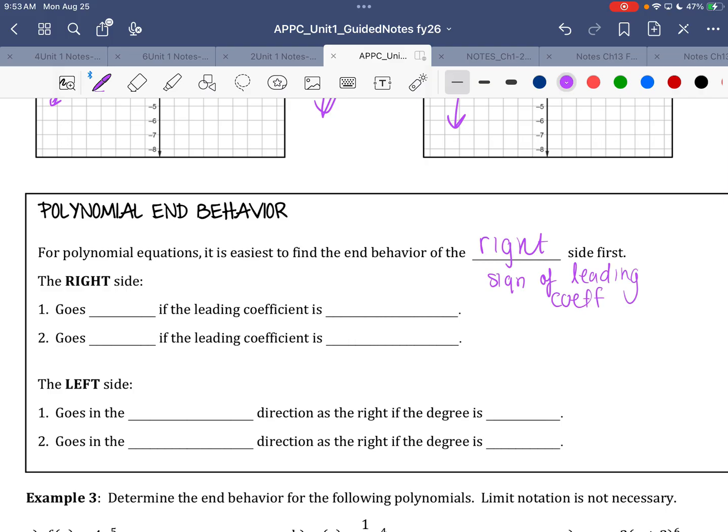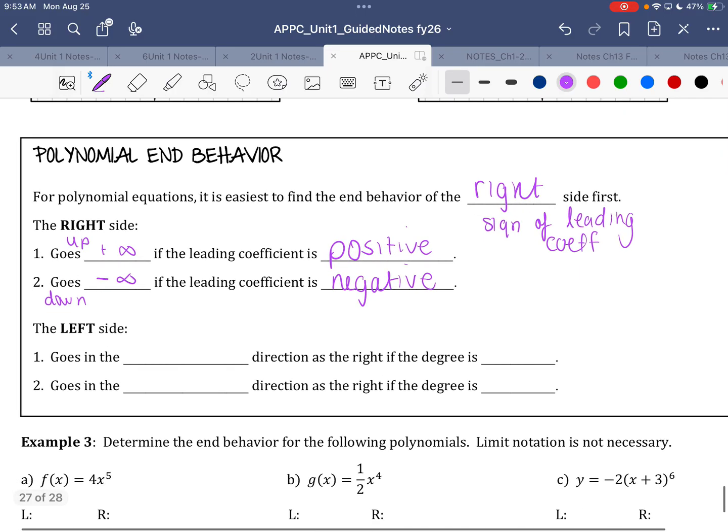The right side goes up, or to positive infinity, when the leading coefficient is doing what? Positive or negative? Positive. The right side goes down, or to negative infinity, when the leading coefficient is negative. The left side is affected by the degree of the leading term.